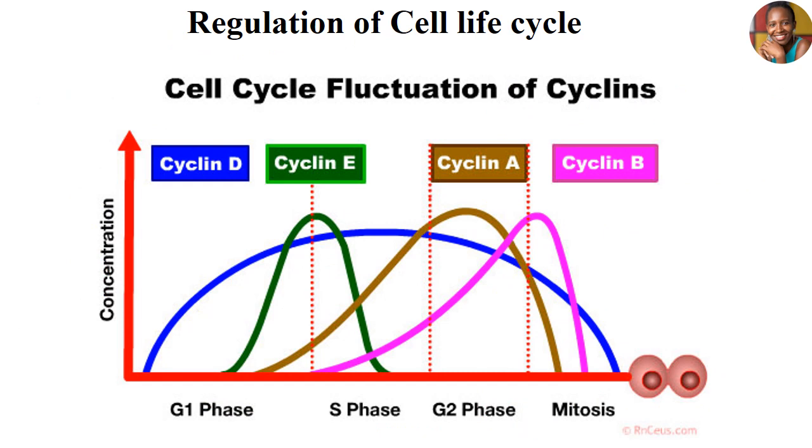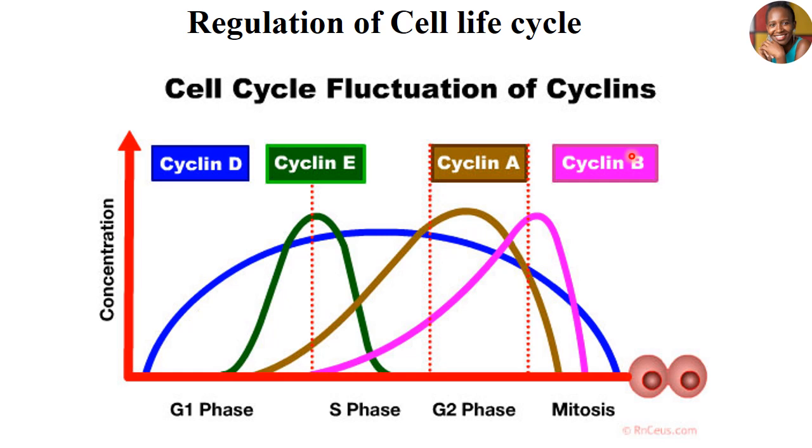So this is how our cyclins will fluctuate as we move from one stage to the next. So remember when we said in G1 phase, we have cyclin Ds, and we move to the next phase, we have more cyclins coming in. So in G1, we start with the release of cyclin D. As we move to S phase, cyclin E comes in, more of cyclin As, and then we finish into the mitotic phase with cyclin Bs.